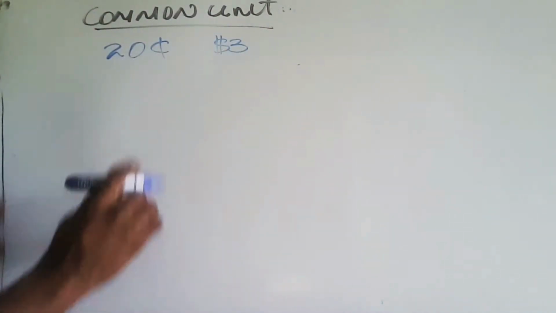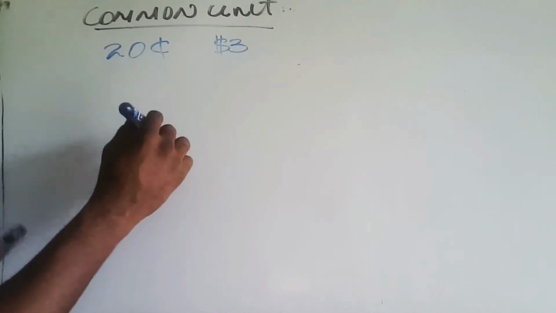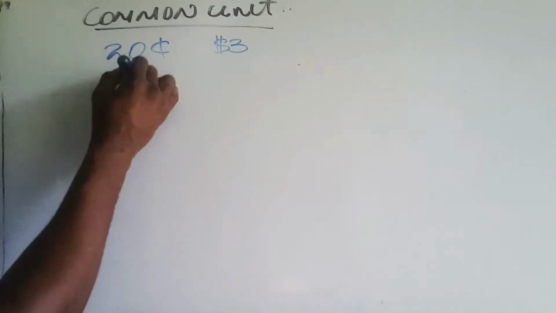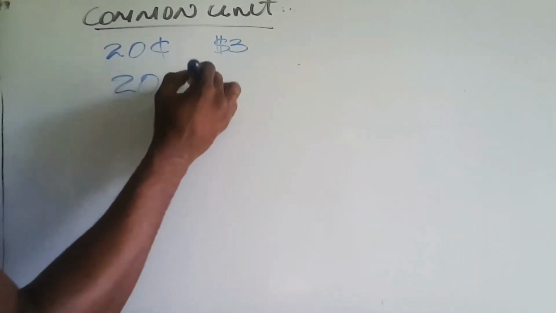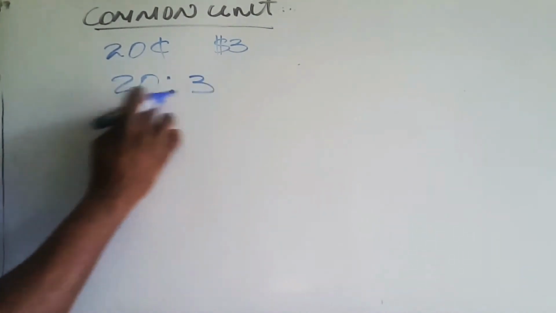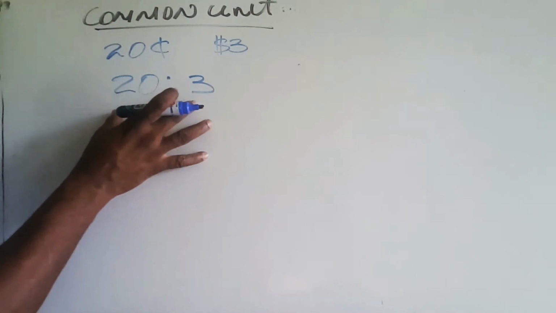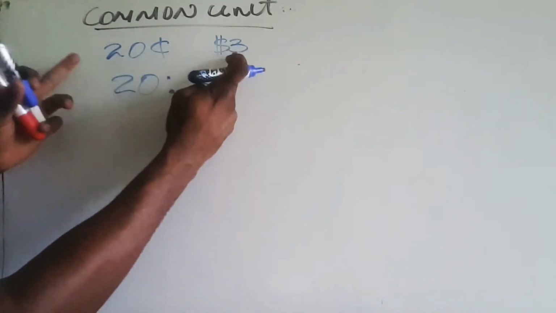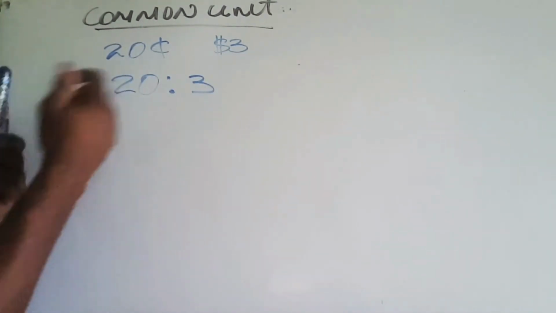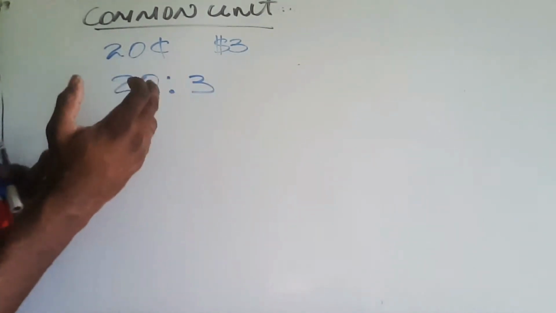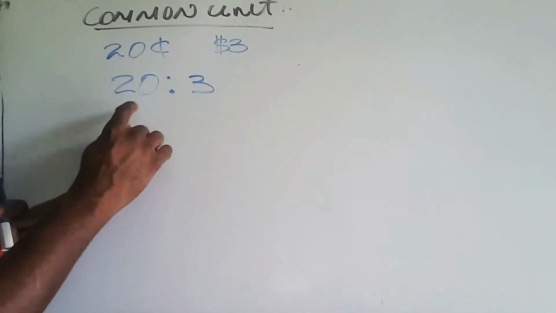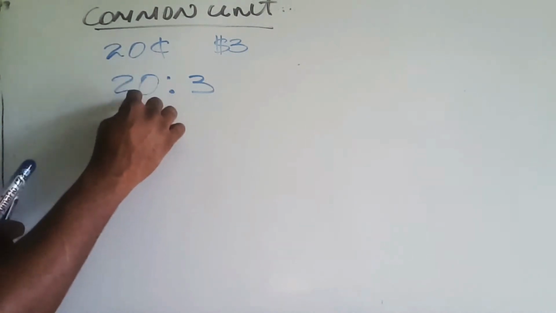In order to write this as a ratio, we cannot write 20 to 3, because they are not in one unit.